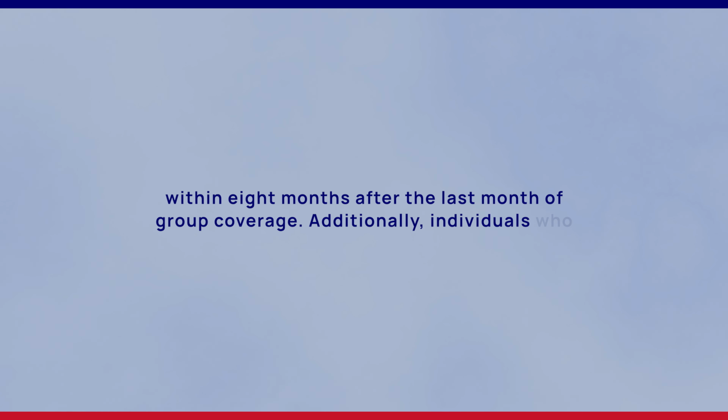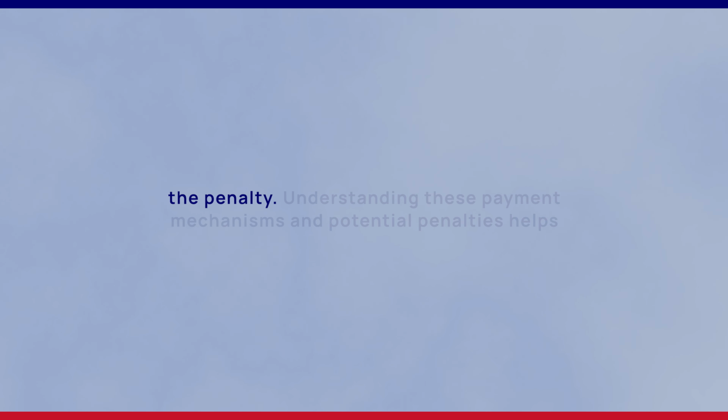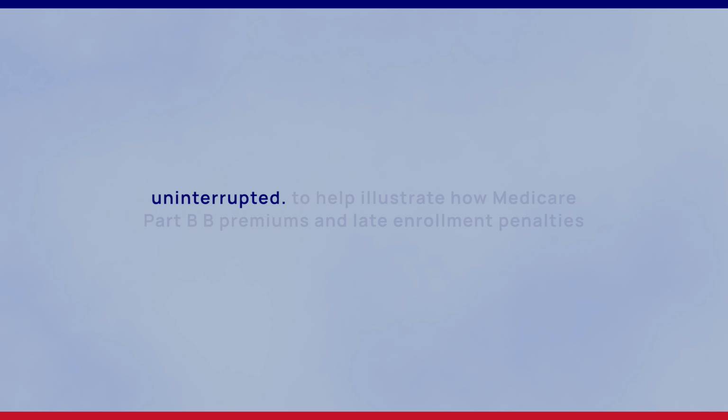Additionally, individuals who enroll in Part B during any other approved special enrollment period are also exempt from the penalty. Understanding these payment mechanisms and potential penalties helps beneficiaries avoid unexpected costs and ensures that their Part B coverage remains uninterrupted. To help illustrate how Medicare Part B premiums and late enrollment penalties work, let's look at 2 examples.